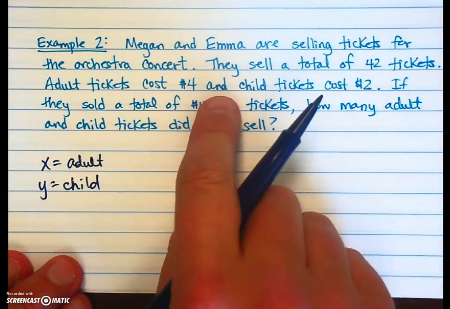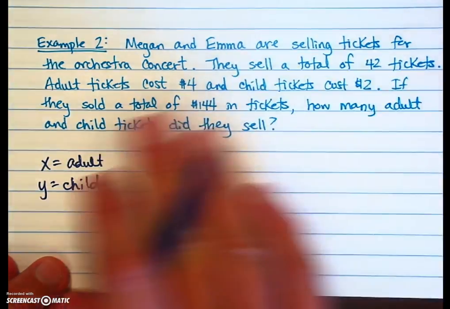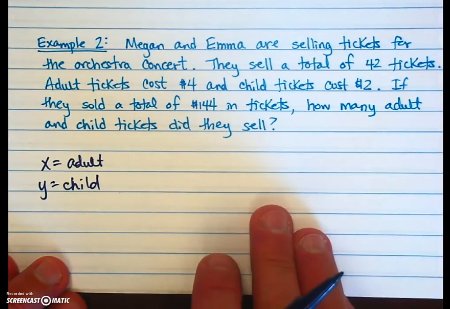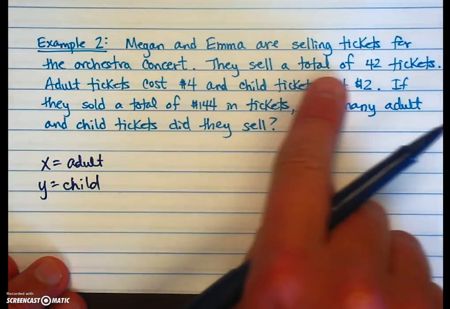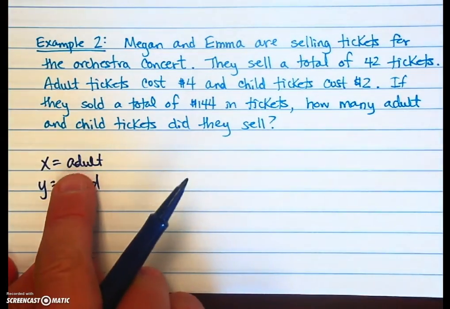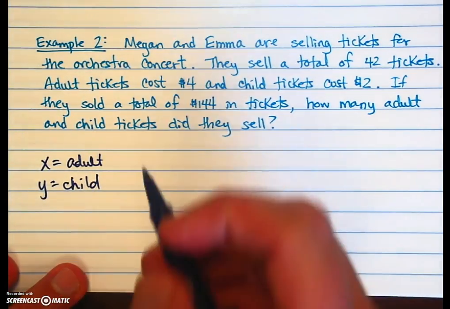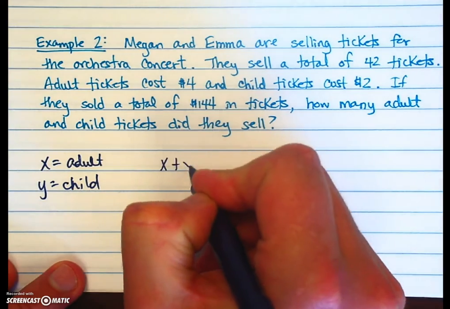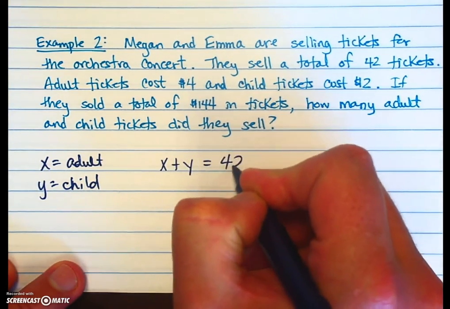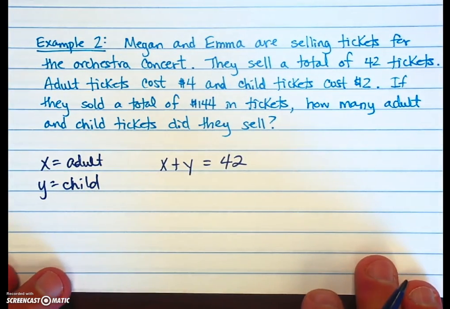Okay. So I like to just kind of go through the problem and break it down sentence by sentence. All right. So it says they sell a total of 42 tickets. So I know that the adult and child, that total is 42. So that is an equation for me. X plus Y has to total 42.